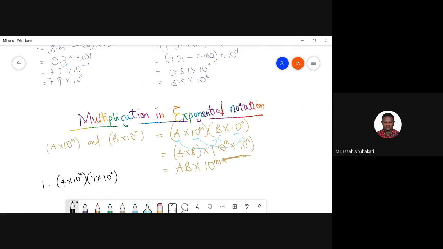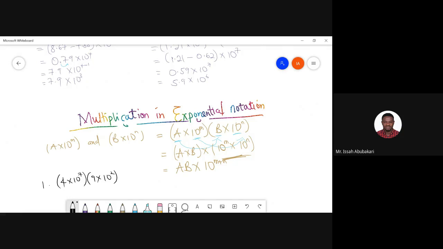You can only add or subtract when they have the same power. And if they have different powers, it means you have to change one of them to be equal to the other one. But when it comes to multiplication and division, it doesn't consider the powers.